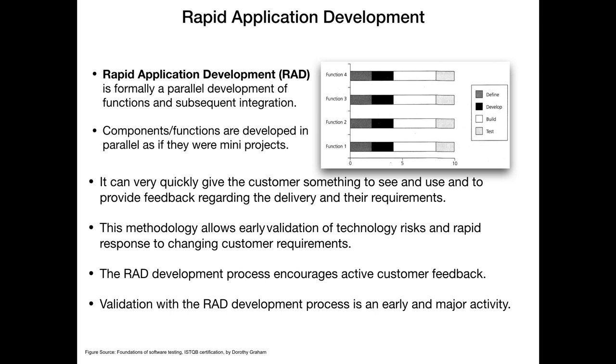That's why you always have some product to show to the customer. You develop a small piece of the software, implementing some small function of the whole big function of the software. Validation with the RAD development process is an early and major activity.